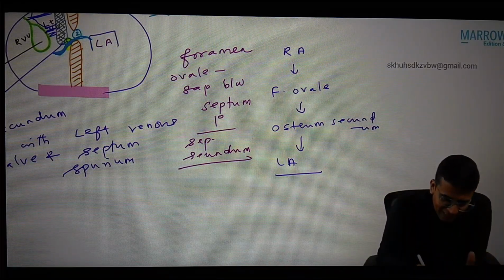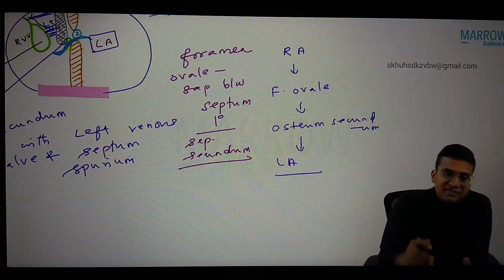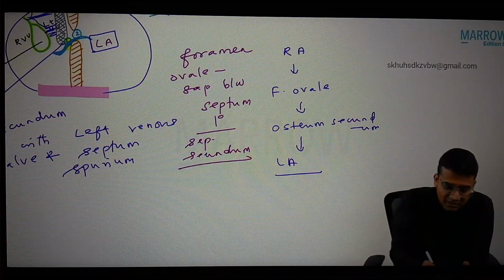Now what will happen after birth? After birth, the left atrium receives blood from the lungs through the pulmonary veins, so the pressure inside the left atrium will increase.